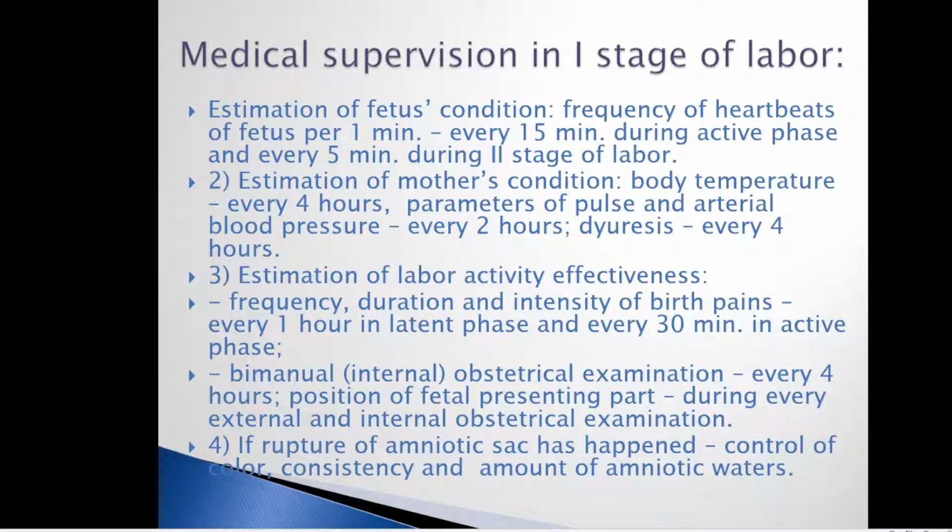Additionally, we palpate the position of the fetal presenting part during every external and internal obstetrical examination. If rupture of the amniotic sac has happened, we control the color, consistency, and amount of amniotic waters.